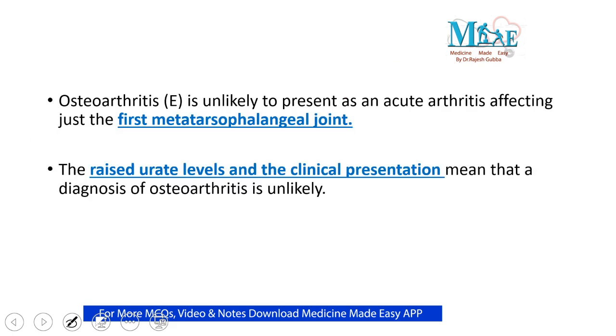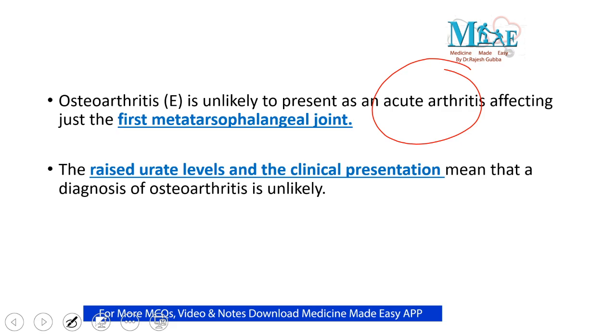Then you take the other option, osteoarthritis. See, osteoarthritis is very unlikely to present as acute arthritis affecting just the first metatarsophalangeal joint. And the raised urate levels and the clinical presentation mean that the diagnosis of osteoarthritis is unlikely.